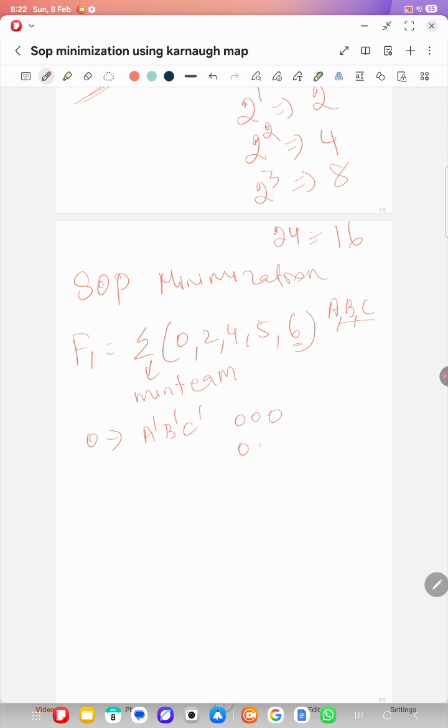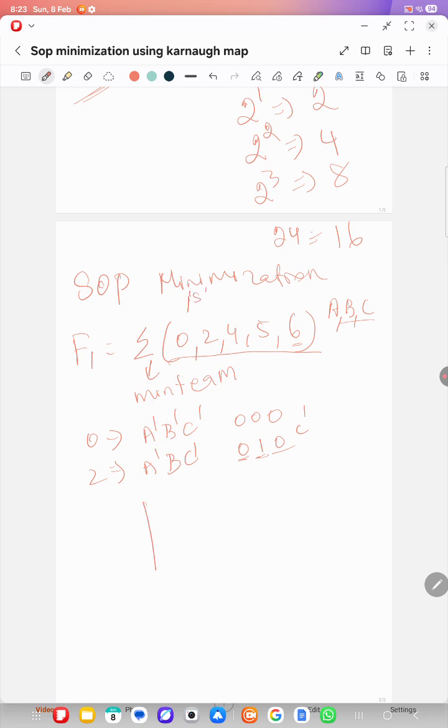What is the binary equivalent for 2? It is 010. So for 2, it is A dash, B, and C dash. For these terms alone, you have to fill the Karnaugh map with ones.